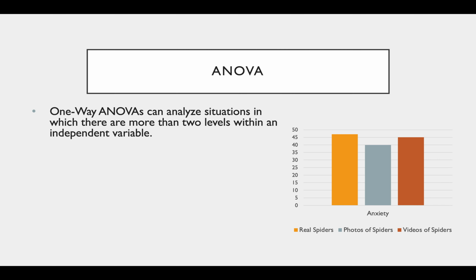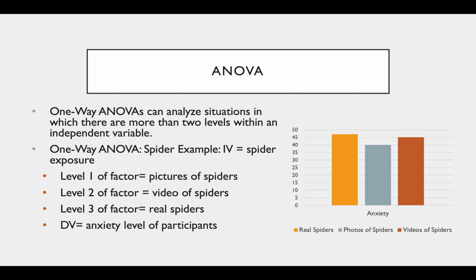So we're grouping our independent variable in some way, and there are three or more groupings, or levels, of that variable. The example we've been using in class is measuring level of anxiety when we expose participants to different forms of spiders. That could be pictures of spiders, videos of spiders, and real spiders. And again, we want to look at their anxiety on a continuous scale.